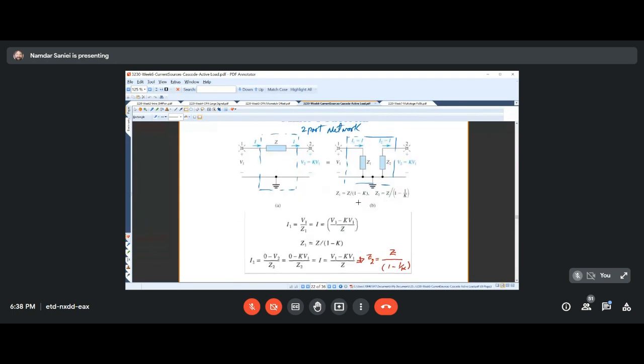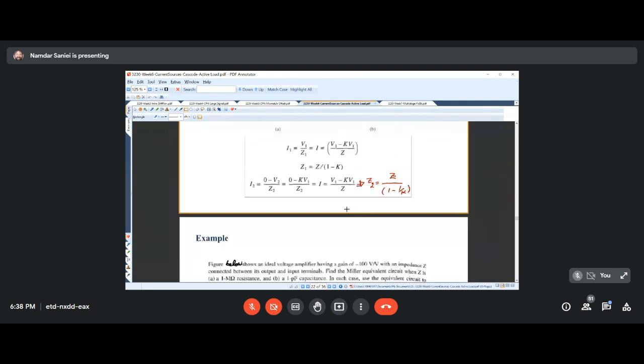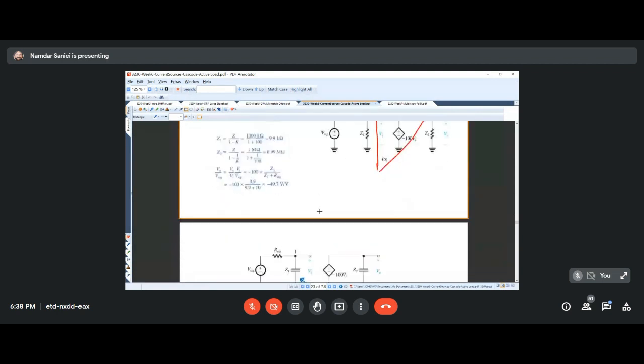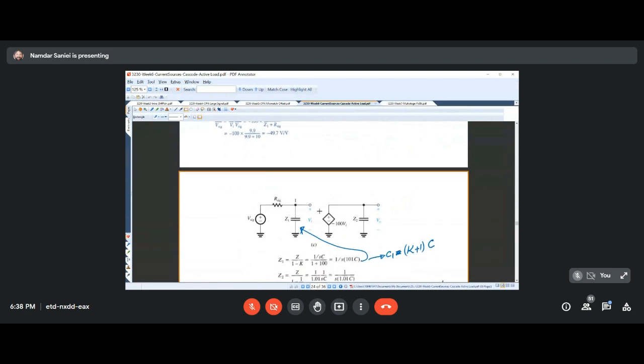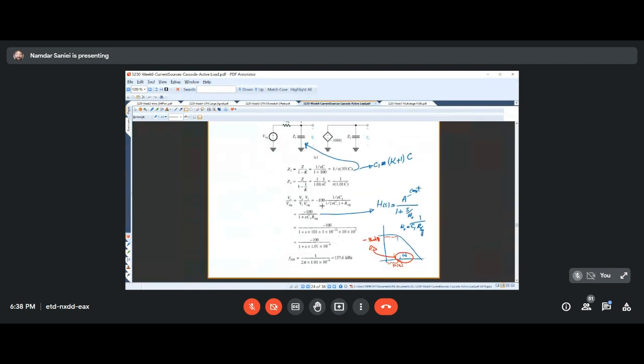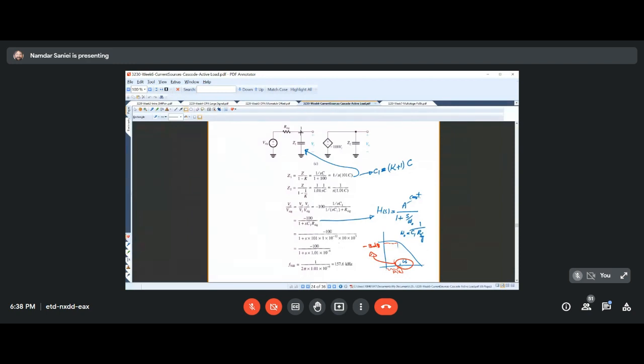Then we found a relationship between Z1 and Z2 and Z, and we used that in finding the gain of an amplifier that had a capacitor connected between its input and output.